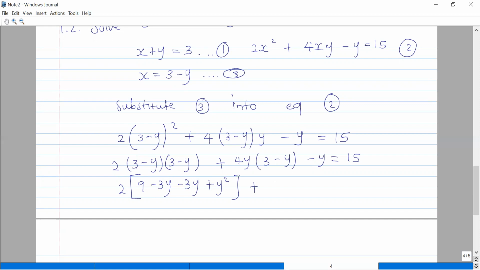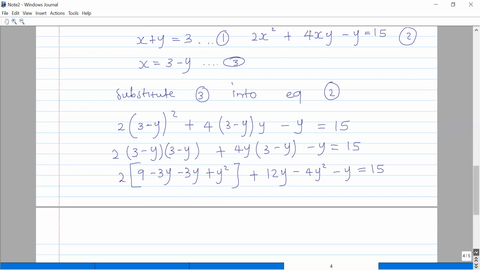Okay, plus. So you have to multiply these two now. So 4y times 3, we have a 12y minus, I'm taking this minus because plus 4y times minus y, we'll have minus 4y squared. Minus y is equal to 15, okay?